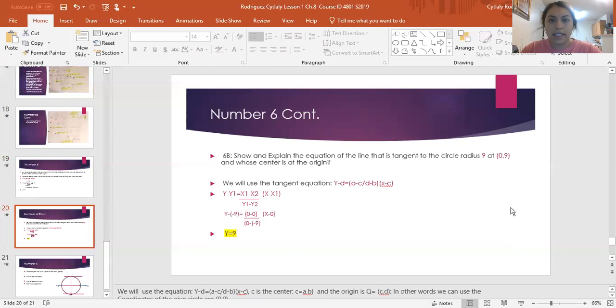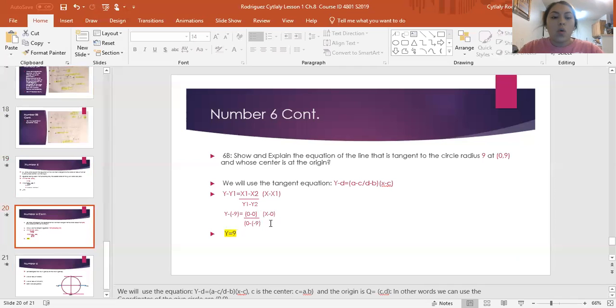And we're just going to plug these numbers in. So y minus y1, which in this case would be -9, I'm sorry. And then we're going to do 0 minus 0 divided by 0 times -9.